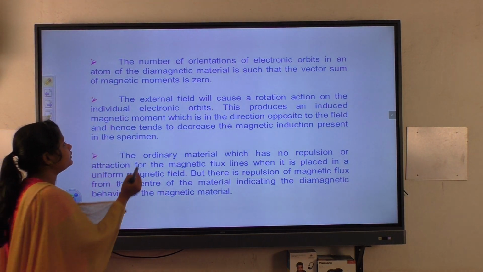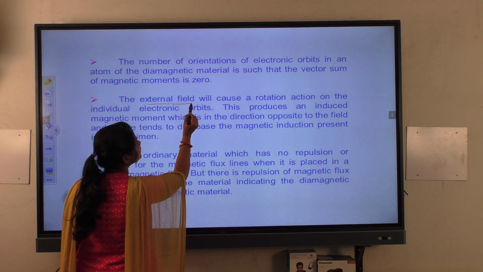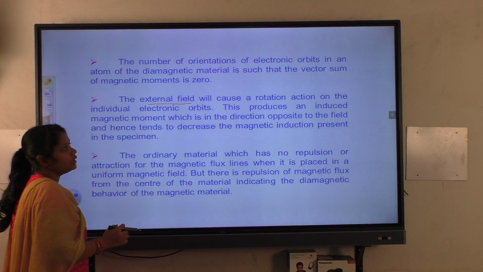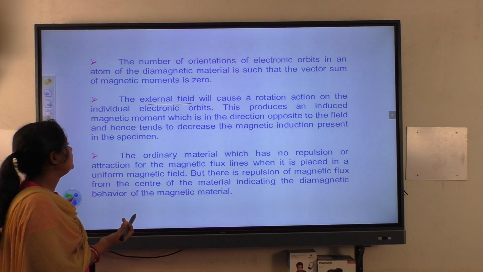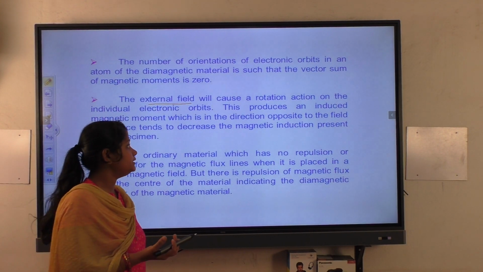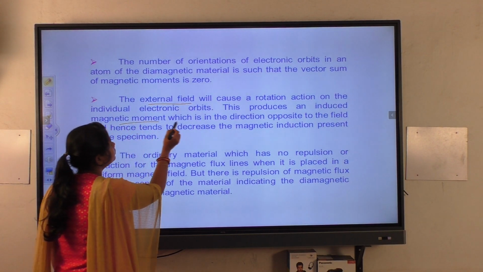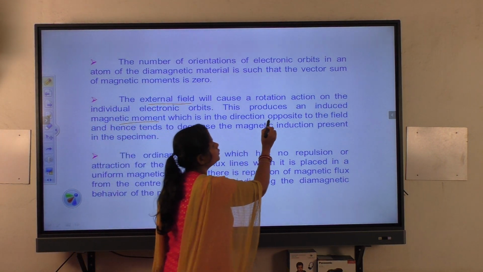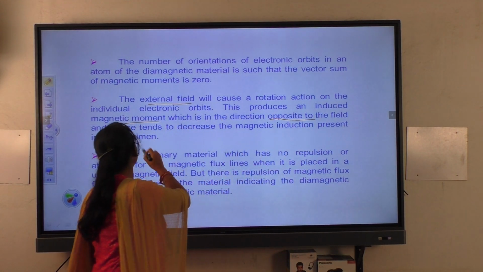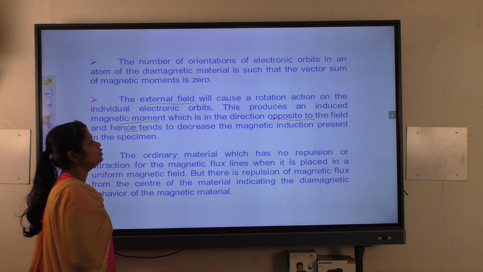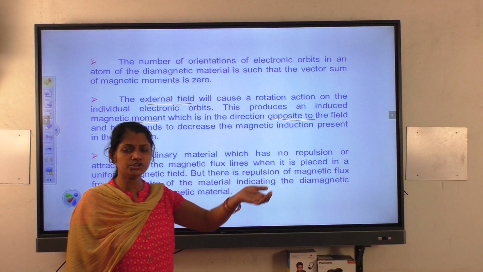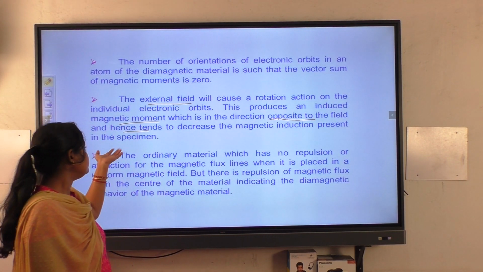Here you can see the external field will cause a rotational action on the individual electronic orbits. This produces an induced magnetic moment which is in the direction opposite to the magnetic field, and hence it tends to decrease the magnetic induction present in the specimen.